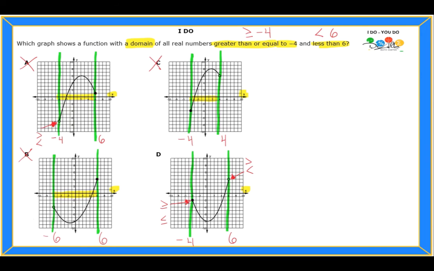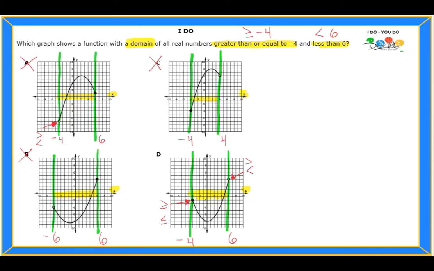Now, how do I know that that's the right answer? Well, let's highlight the x-axis. What numbers am I highlighting? I'm highlighting the numbers to the right of -4, but to the left of positive 6. So what does that mean?